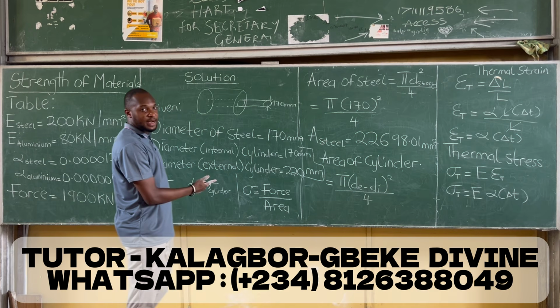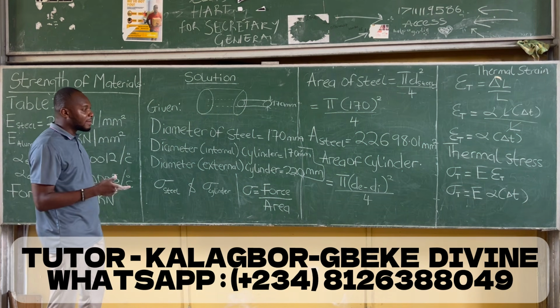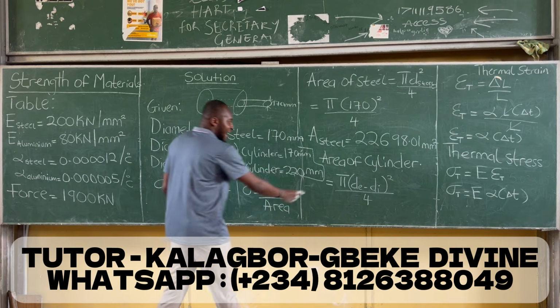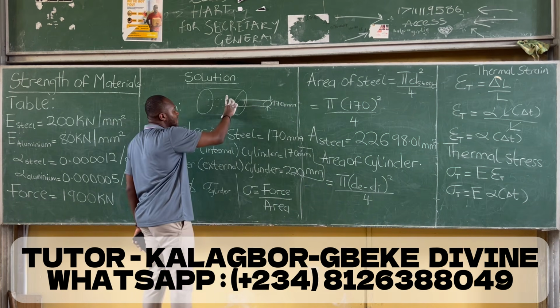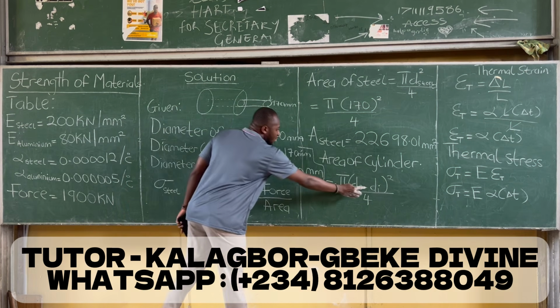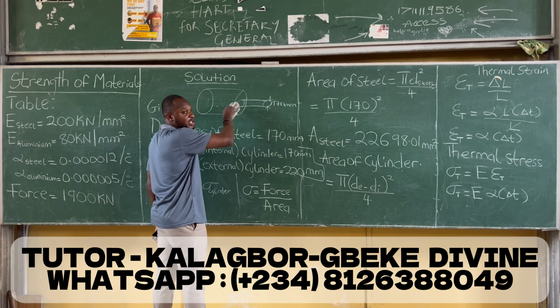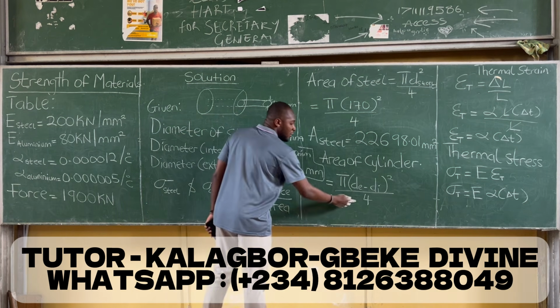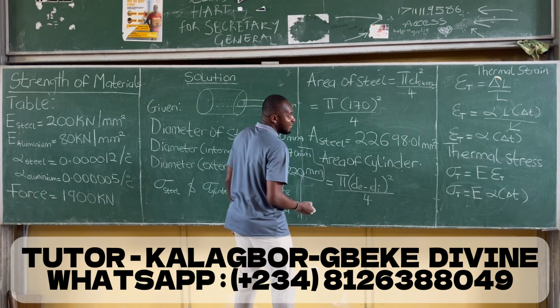You know why we got this, right? Please don't be confused. If you don't know, let me know so I will recap. Pi D external, that's the external body from here to here, minus D internal, the hole inside, we are removing it because there's a space inside, over 4 to get the area. So now, if we input our values, what are we going to get?